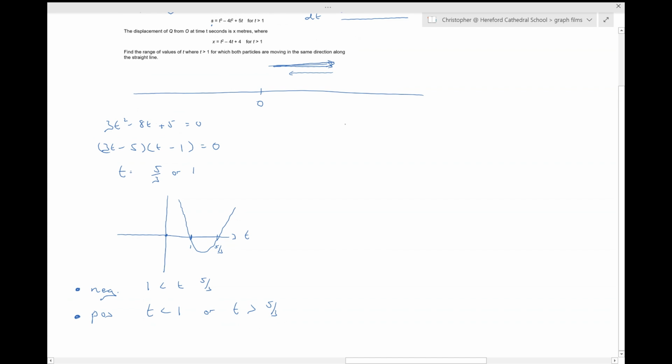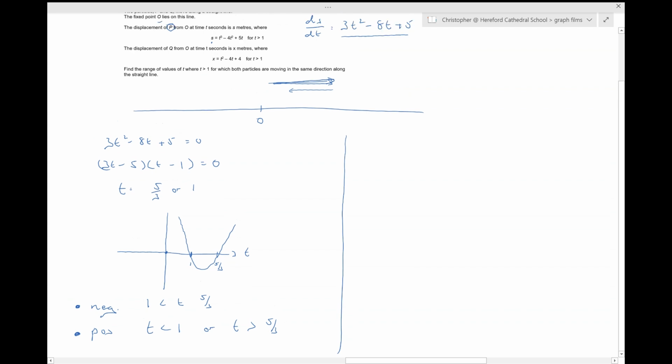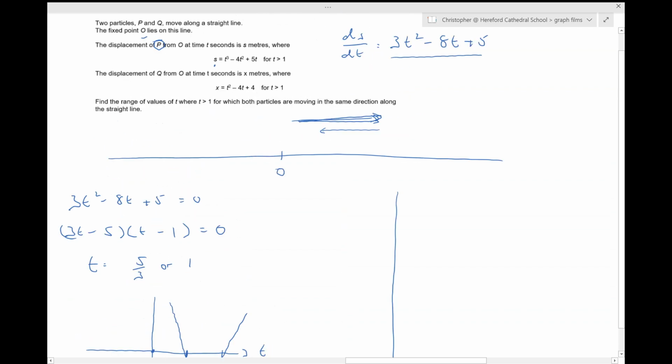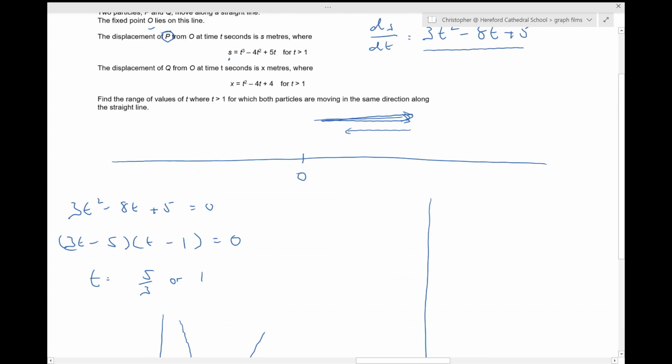Okay, let's look at the second particle now. The second particle is Q. And sometimes it's going to be moving towards O, and sometimes it's going to be moving away from O. And I've got an expression for the distance here. So I'm going to see how the distance changes with time. dx by dt is 2t minus 4.